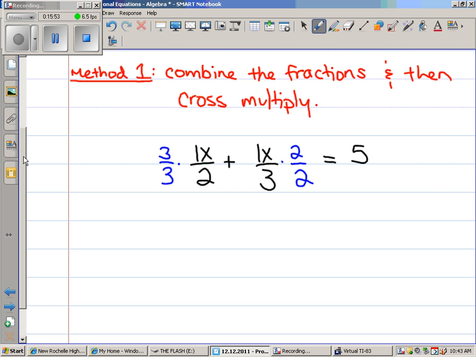So you're going to get 3x over 2 plus 2x over 3 equals 5. Oh, wow, I am just off my mark. This should have been a 6, and this should have been a 6, right?